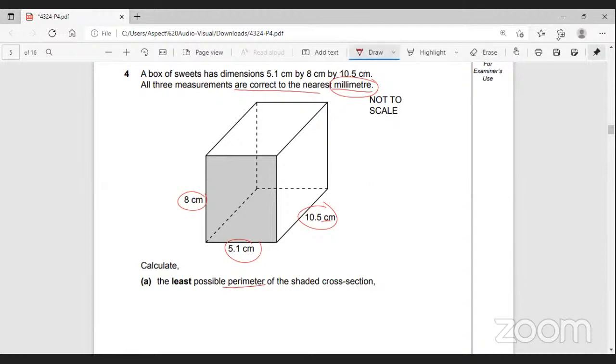So basically, 1 centimeter is equal to 10 millimeters. Are we together? Okay. So we know that you are having 10, so you are going to divide 10 by 2, okay?